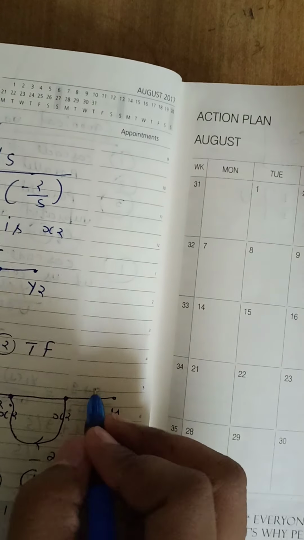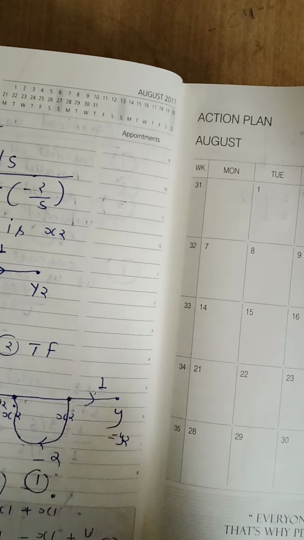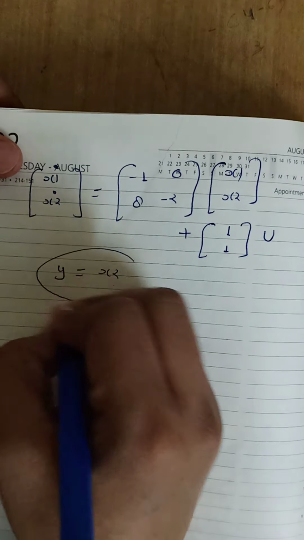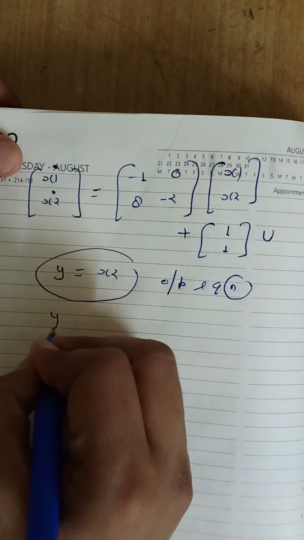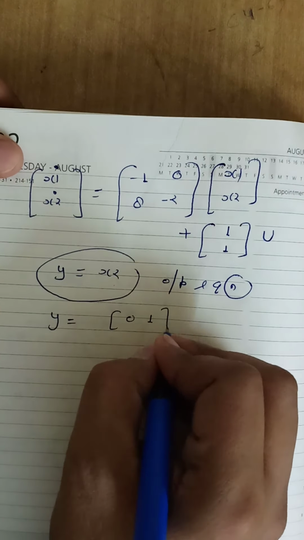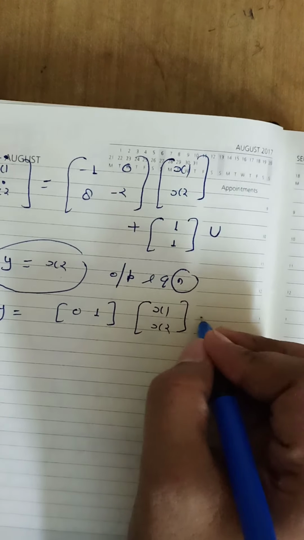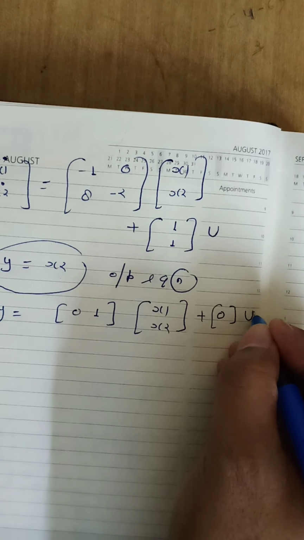And from the diagram, output y is x2. So the output equation becomes y equal to x2. This is my output equation. In matrix form we can write y equal to [0 1] [x1; x2] plus 0 u.